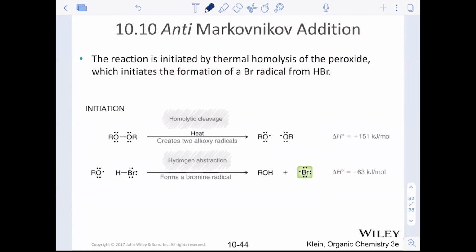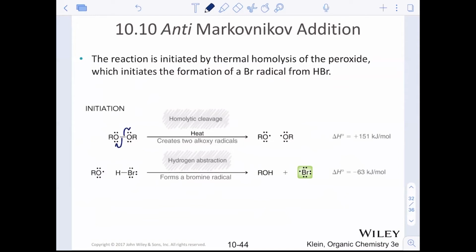The reaction is initiated by thermal homolysis, which is just going to be the peroxide originally splitting homolytically. We'll see that peroxide bond is going to break, one electron on each side.